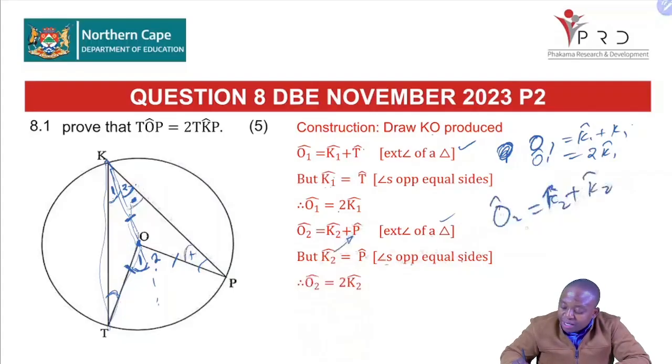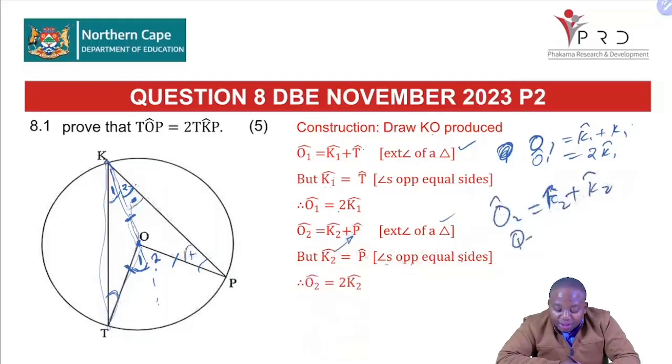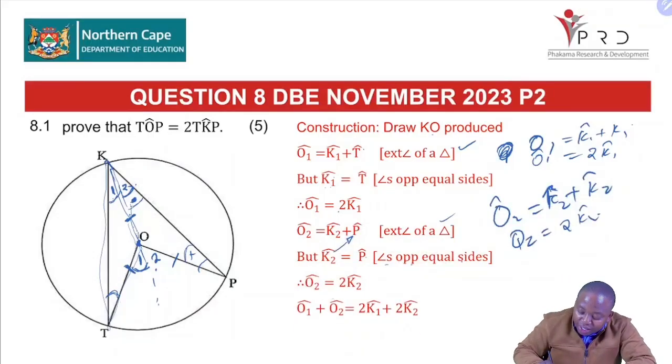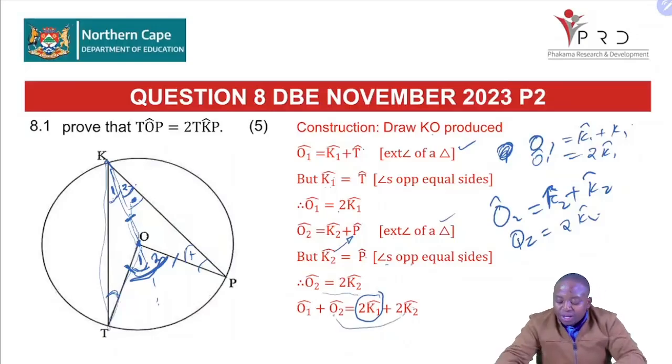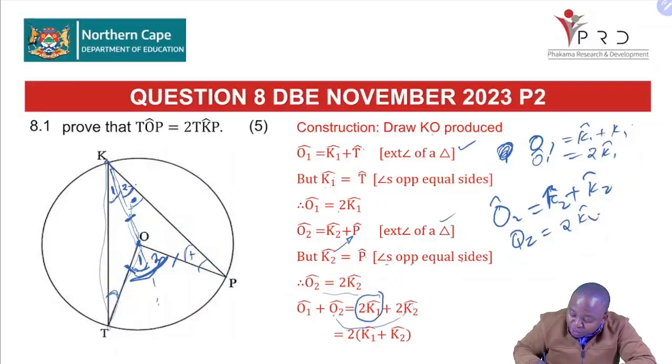2 times K2. Thereafter, we can add the two to say O1 plus O2, both of them, is equal to the O1. Remember, it was 2 times K1, plus O2, which is 2 times K2. Thereafter, I can now take out 2 as a common factor.